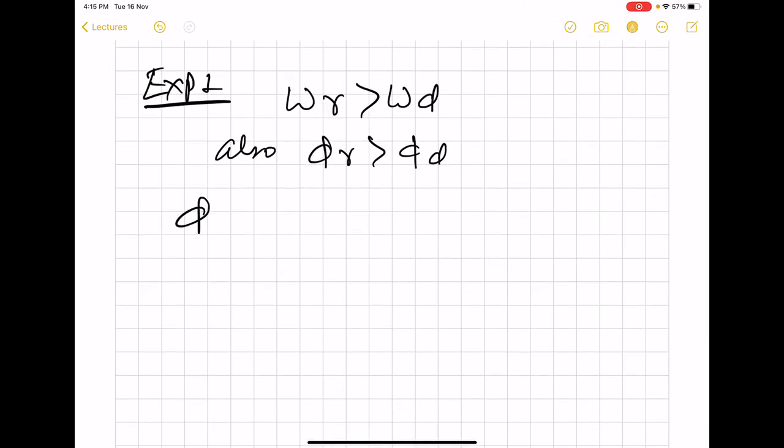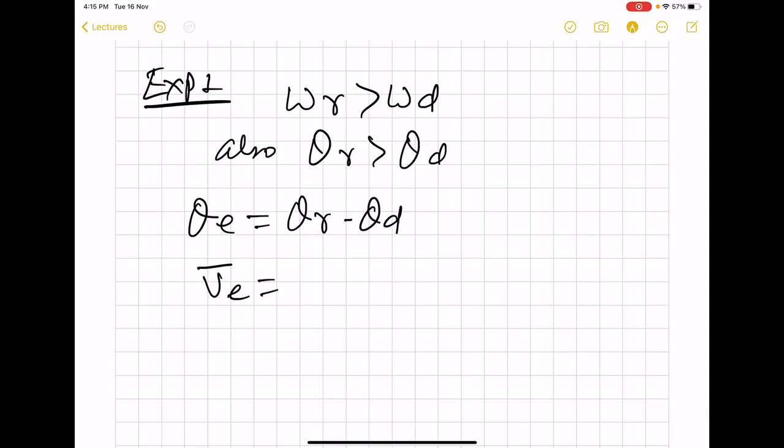So here we see that we will have a positive phase error, using theta here. So there is a positive phase error in the beginning, and hence the average voltage that will be produced is also going to be positive.